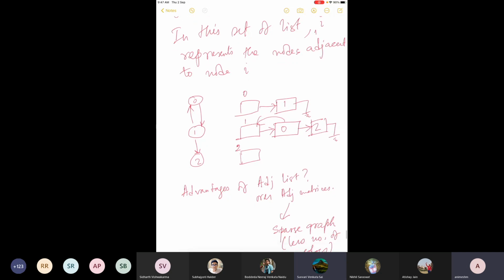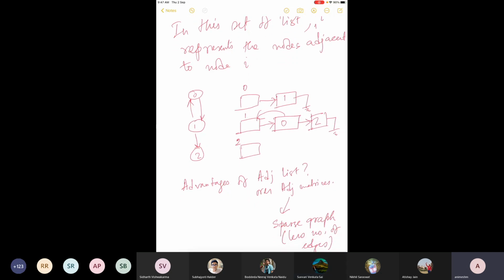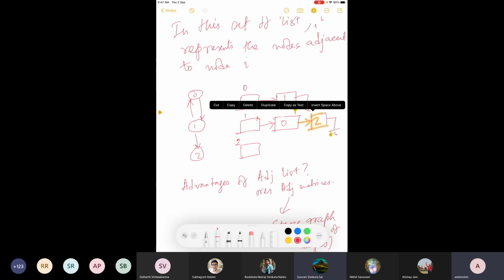So as we have done it here, in this particular case itself, there is a reciprocal edge, right? Yes, sir. You can use doubly linked list also, but singly linked list is enough. So here it shows that there is a directed edge between 0 and 1, and there is also a directed edge between 1 and 0.